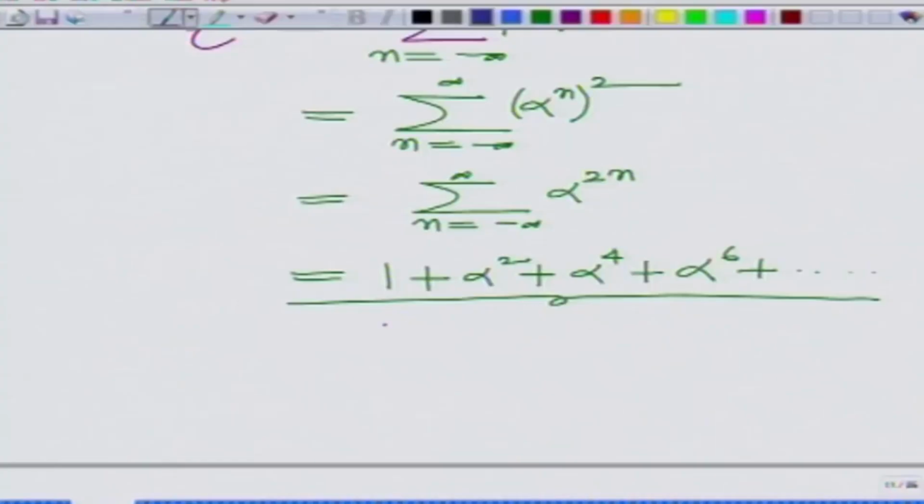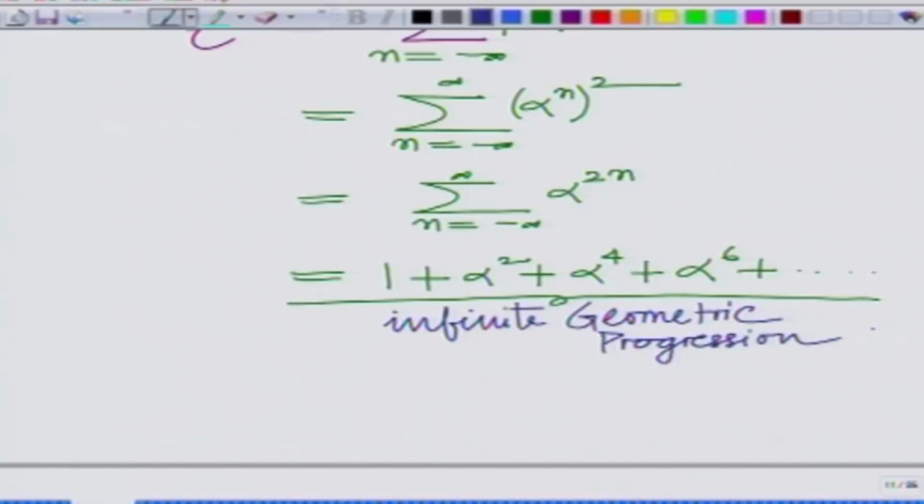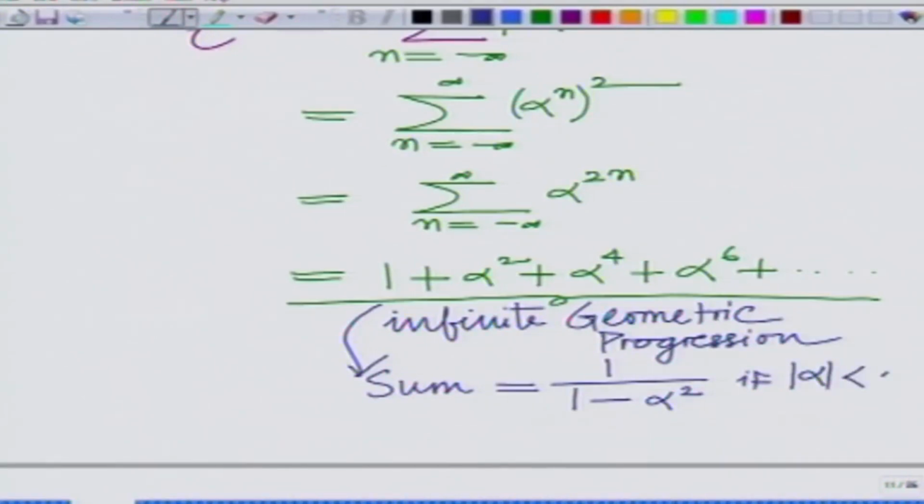So, this is an infinite geometric progression, and therefore, the sum equals 1 over 1 minus alpha square if magnitude of alpha is less than 1, that is important, and this is equal to infinity, or it diverges, if magnitude of alpha is greater than or equal to 1.